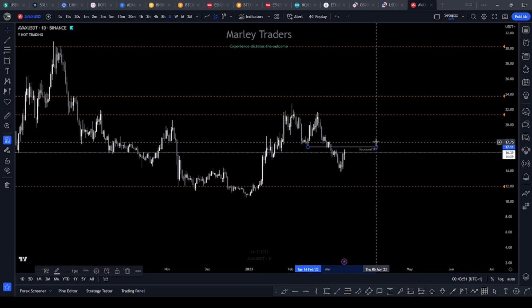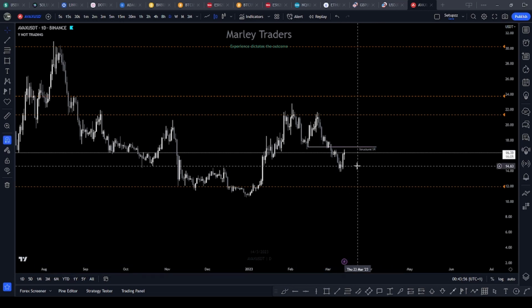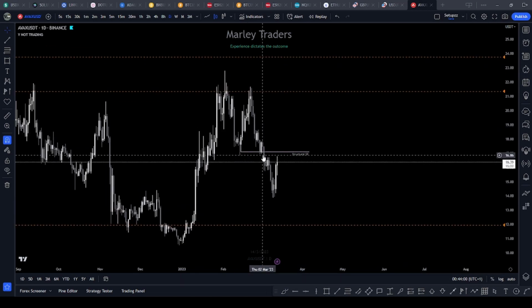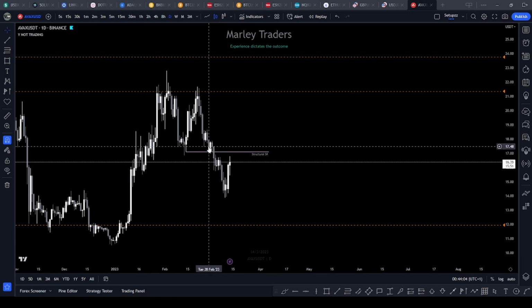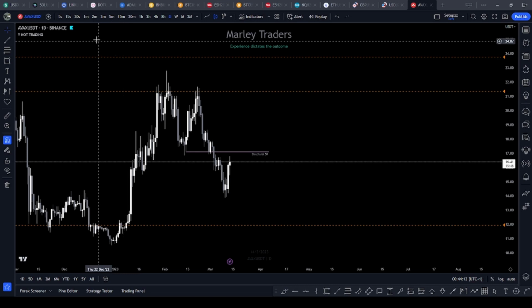Price is coming here, and I'll be planning to short. In addition to that, we have our daily order block right here together with this breaker. So if you're watching this, if AVAX comes to this level, expect that.